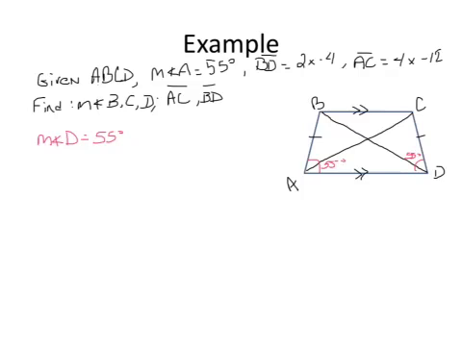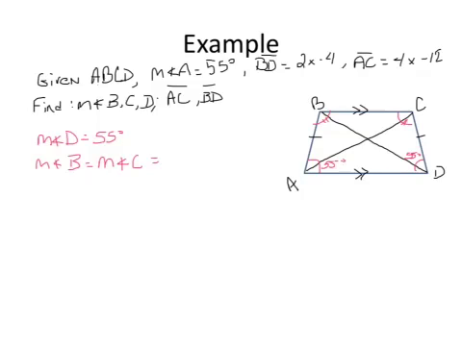Now we also need to know the measure of angles B and C, right? Now, we know that they're going to be congruent to each other because base angles of an isosceles trapezoid are congruent, but we don't know what that is. Well, if we know that BC and AD are parallel, then AB is a transversal. And the measure of angle A and the measure of angle B, because they're on the same side of that transversal, will be supplementary.